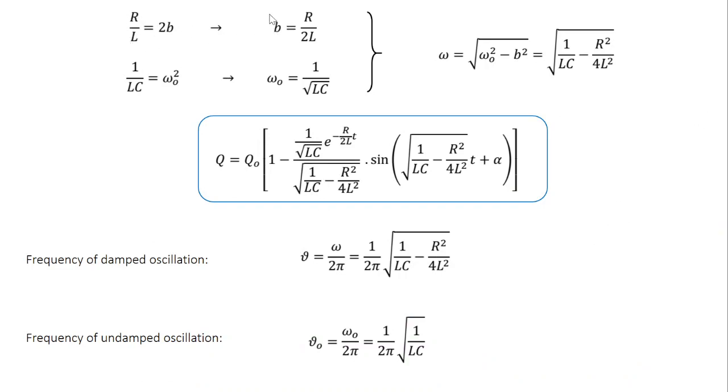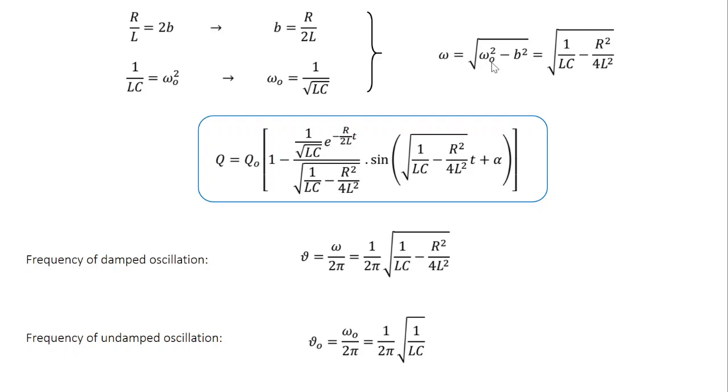From there, the damping factor B can be written as R by 2L. Also, the natural frequency or frequency of the undamped equation, omega naught square equal to 1 by LC, or omega naught equal to 1 by square root of LC.